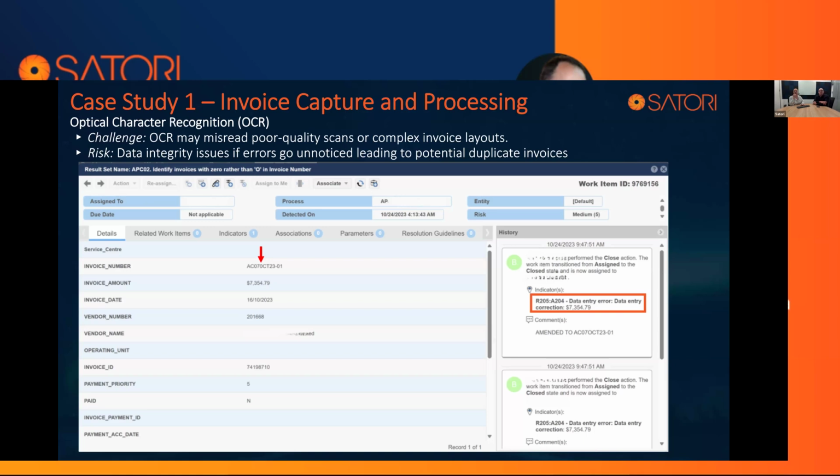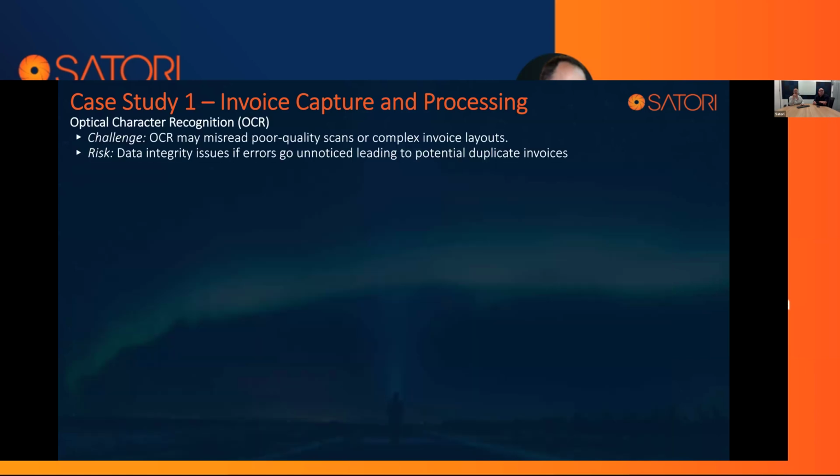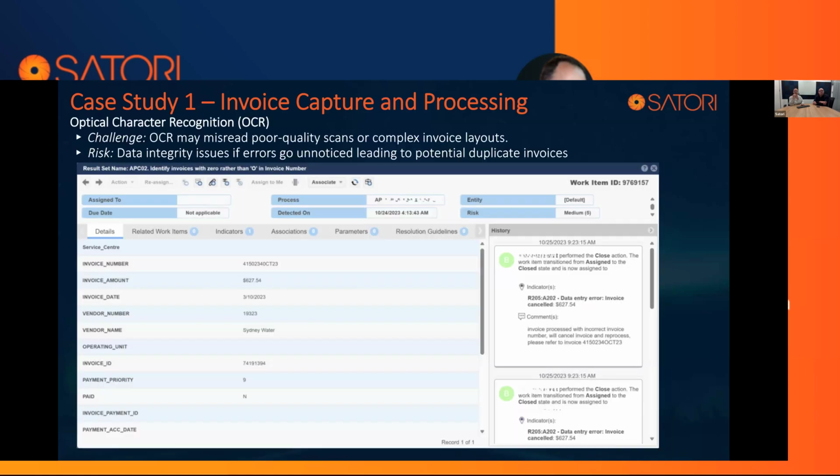That was recognized as a data entry error, and the invoice was amended to the correct invoice number. So when people look for the invoice, for whatever reason, they could find it and not enter a duplicate invoice. Another example, again very similar, but in this case they had to cancel the invoice because by the time they corrected it, the duplicate invoice was processed, but luckily they were not paid. So that was, again, quite an easy fix.